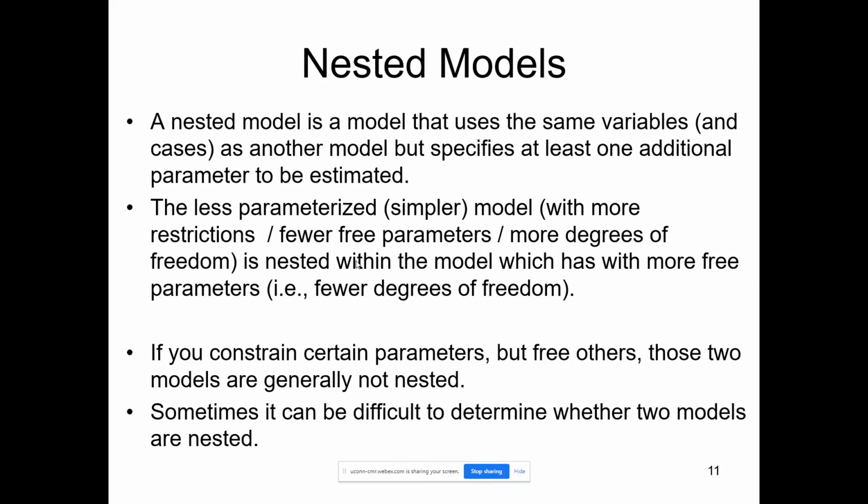And even if the degrees of freedom were different, because I make 2 constraints and I free 3 things over here, you can't really make sense of that, because on one hand you've simplified in one way, but you've added more parameters in this other way. How are you going to know what's responsible for the chi-square change? The simplifications, bringing the chi-square up, or adding more parameters, bringing the chi-square down? So you can't go both directions at once.